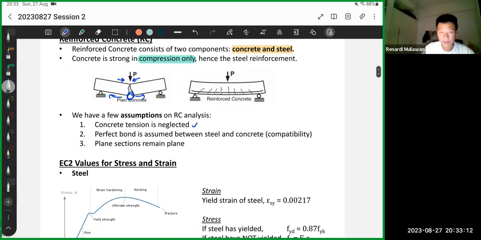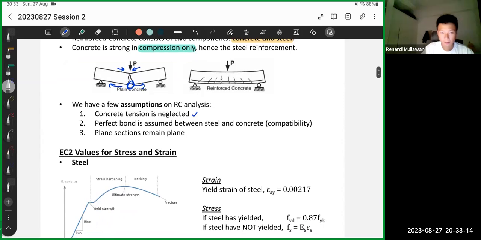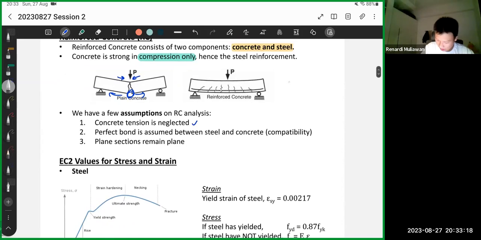For the second assumption, we assume perfect bond. What this means is, let's say you have a concrete section, something like this. This is the side view, basically. This one is the steel. The whole block is concrete. If you pull the concrete by this much, it will expand, and the steel will also expand the same amount.